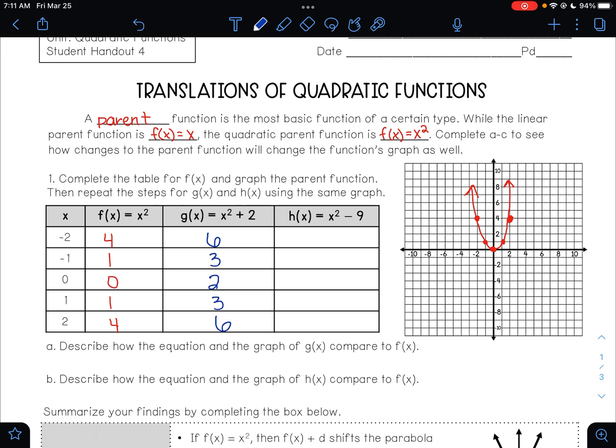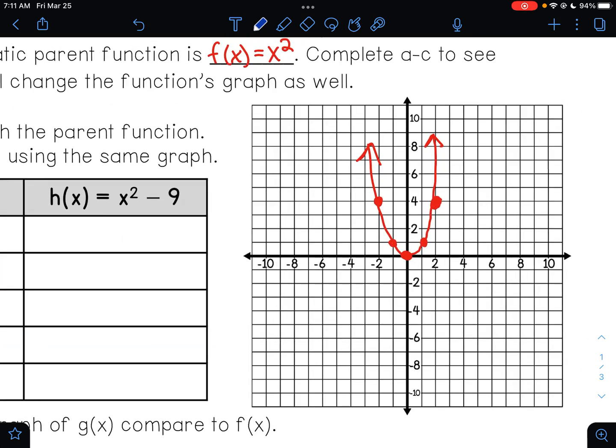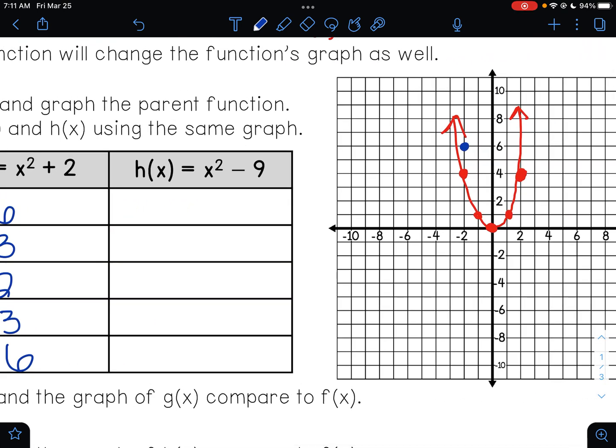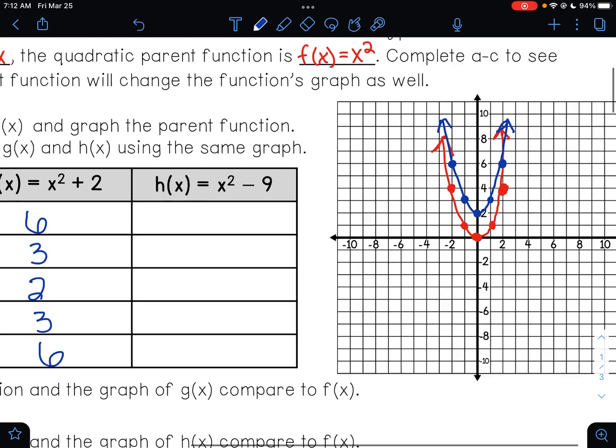I have (-2, 6), which is here, (-1, 3), (0, 2), (1, 3), and this one right here. So it looks like that.